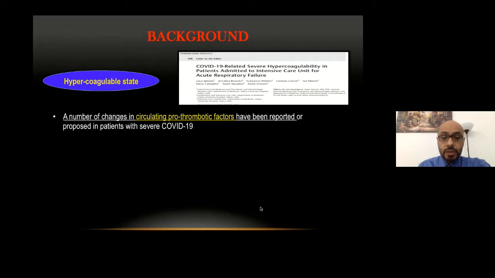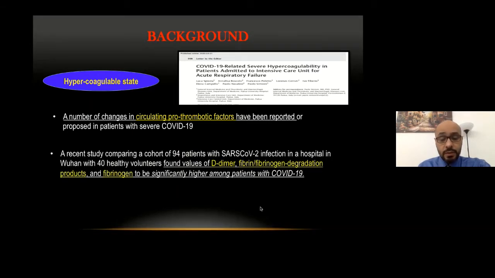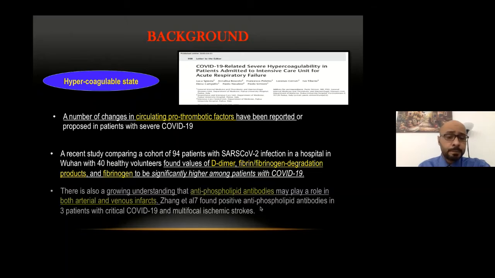There are also changes in the circulating prothrombotic factors, including significantly higher values of D-dimer, fibrin and fibrinogen degradation products, and also fibrinogen. There is also growing understanding that antiphospholipids may play a role in both arterial and venous infarcts.